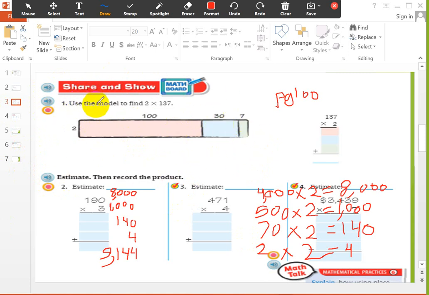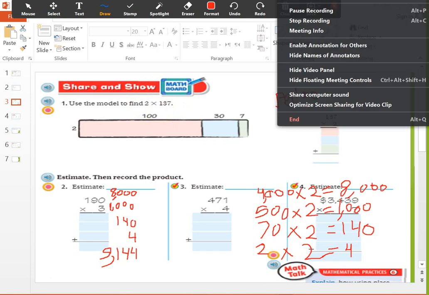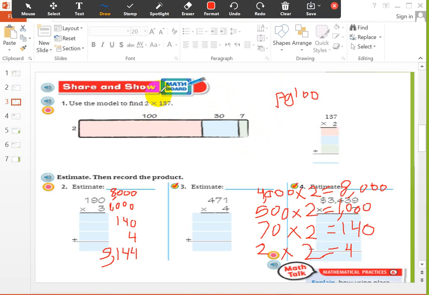Now, use the model to find the answer for this multiplication. 2 multiply 137. So I want to find here the multiplication. So I have to multiply the number with each digit. Let's start with this one.